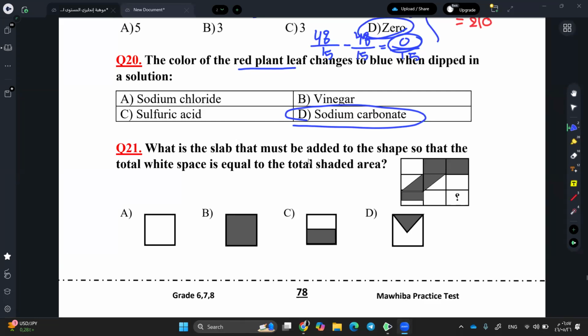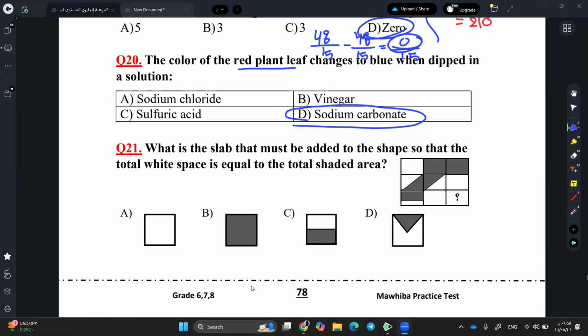So, question 21 says, what is the shape that must be added to the shape so that the total white space is equal to the total shaded area? I think I don't really understand the question.